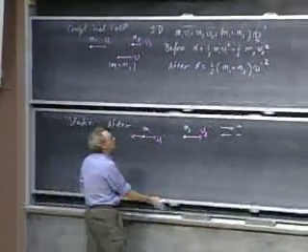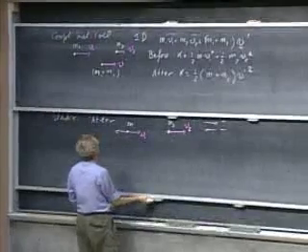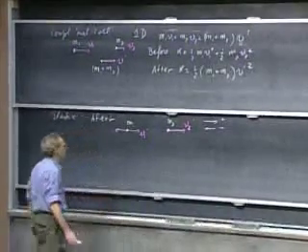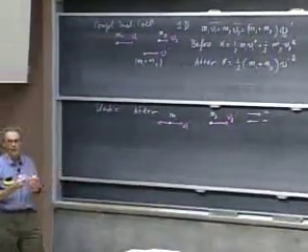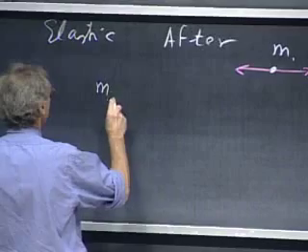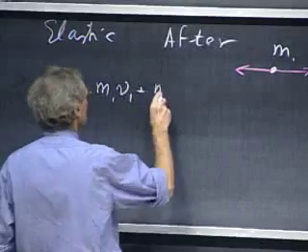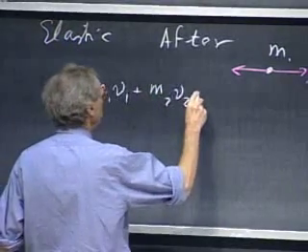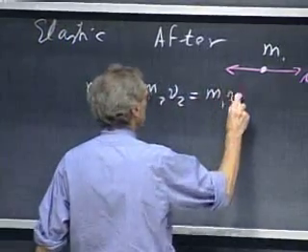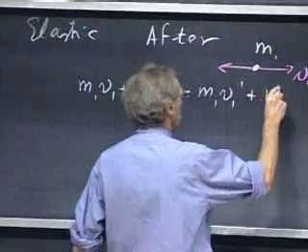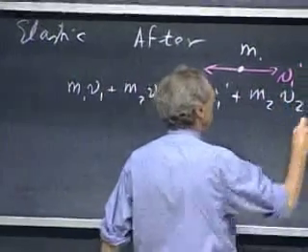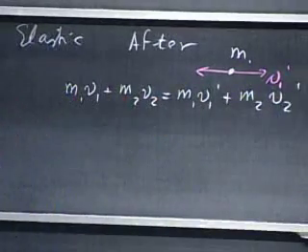So now we can apply the conservation of momentum if there is no external force on the system. Internal forces is fine. So now we have m1 v1 plus m2 v2 equals m1 v1 prime plus m2 v2 prime, conservation of momentum.